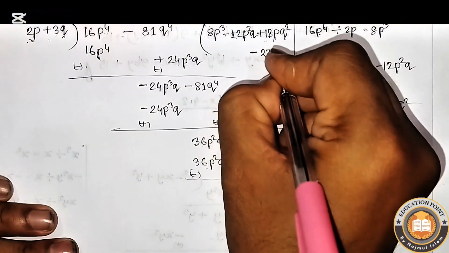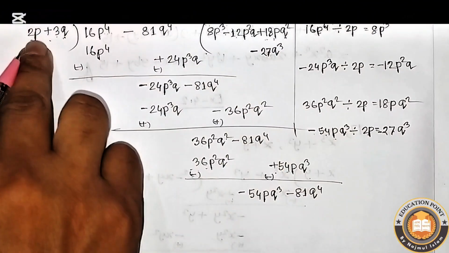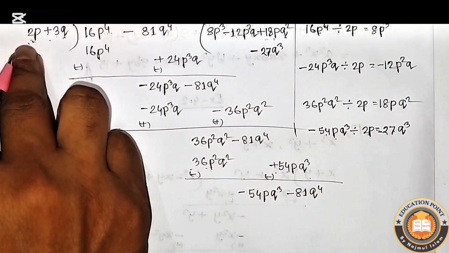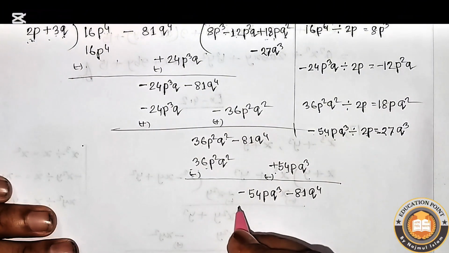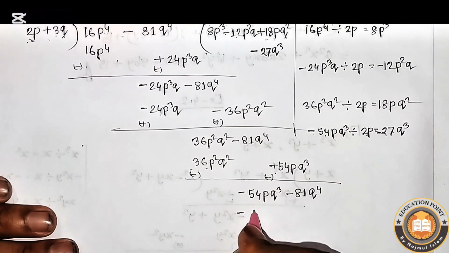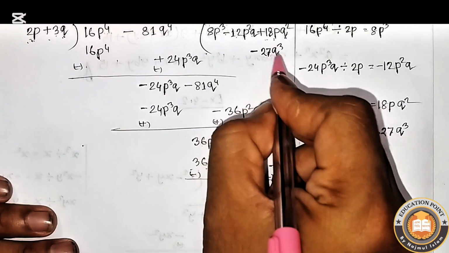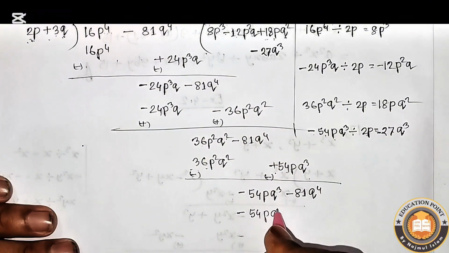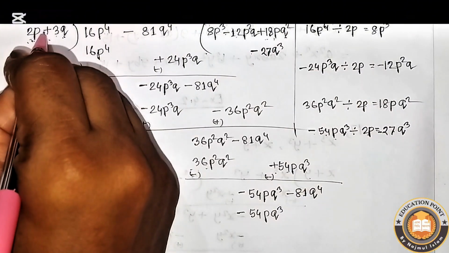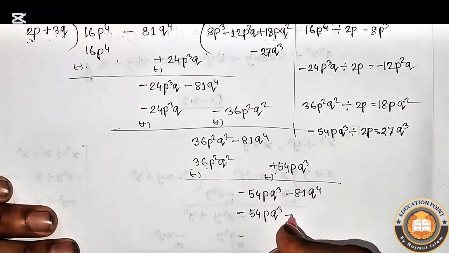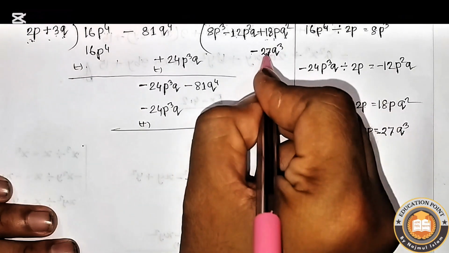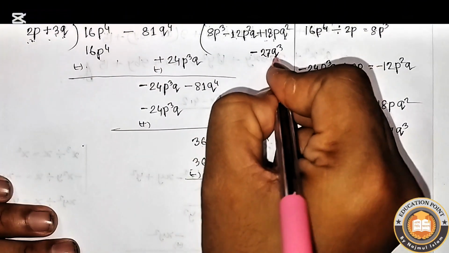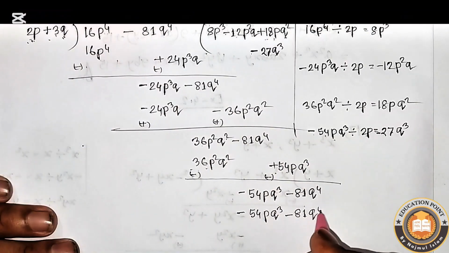Minus 27 q cube multiplied with 2p plus 3q. At first minus 27 q cube multiplied with 2p: minus 27 multiplied with 2 equals minus 54 p q cube. Minus multiplied by plus equals minus. 27 multiplied with 3 equals 81, q cube multiplied with q equals q to the power 4.